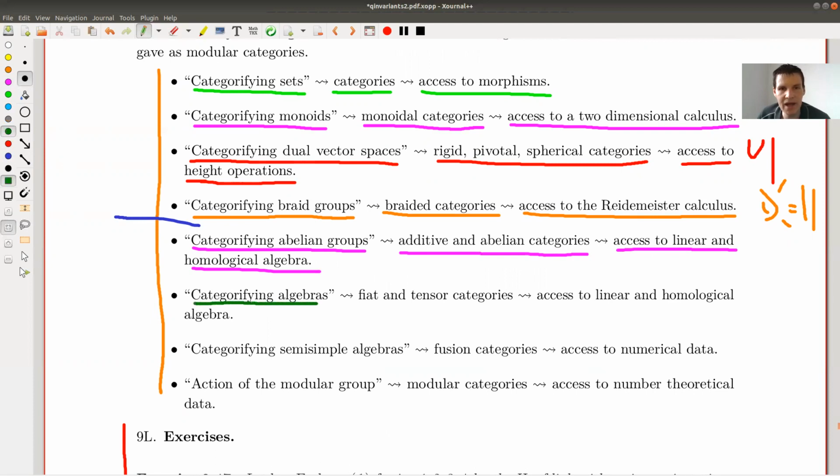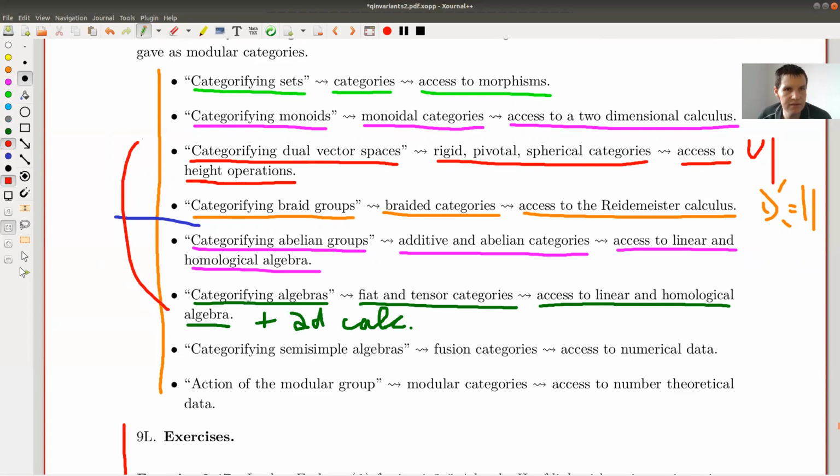If I want to categorify algebras, then I got the notion of those categories, and in the same way I got access to homological and linear algebra, plus the two-dimensional calculus, because it's now this plus this and this.